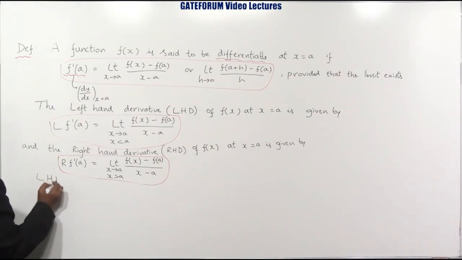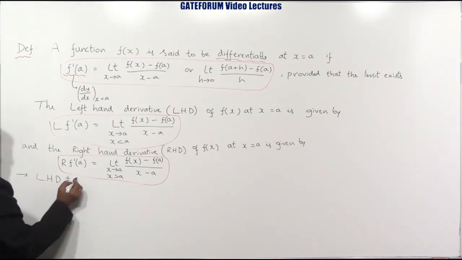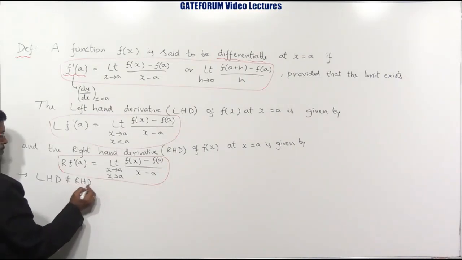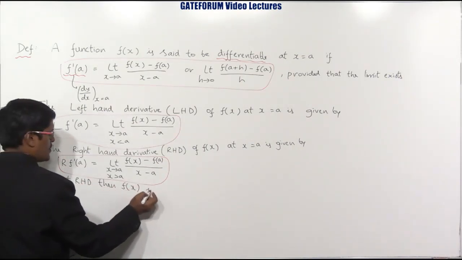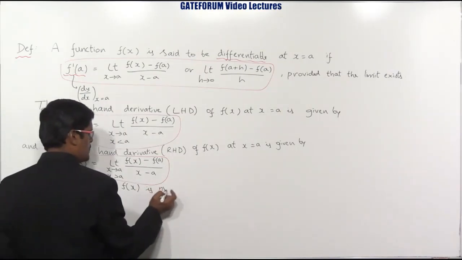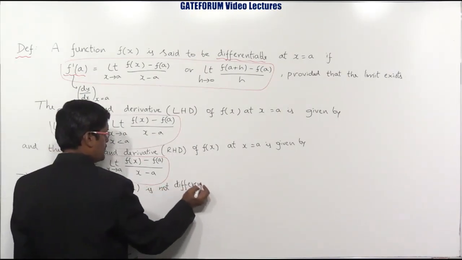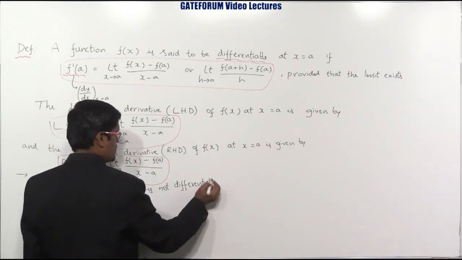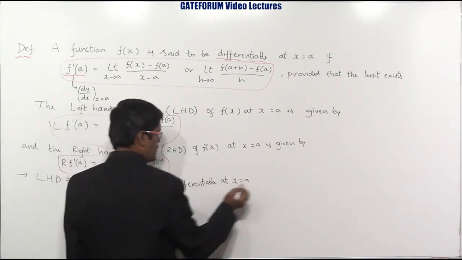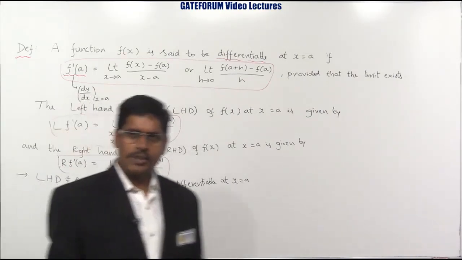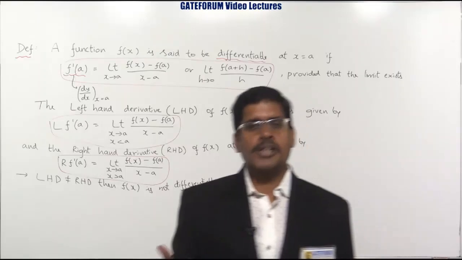When left hand derivative not equal to right hand derivative, then f of x is not differentiable at x is equal to a. When left hand limit not equal to right hand limit, we already have learnt limit does not exist.